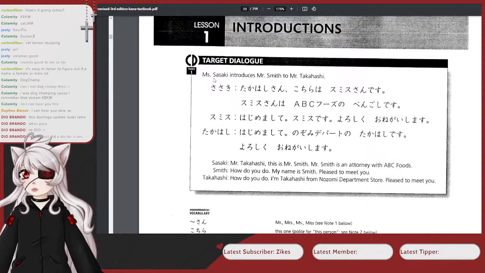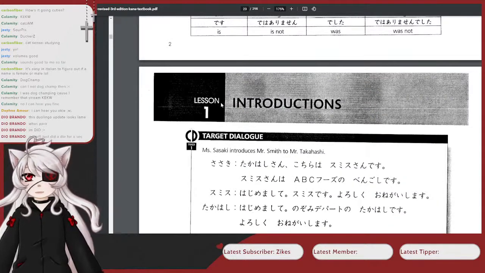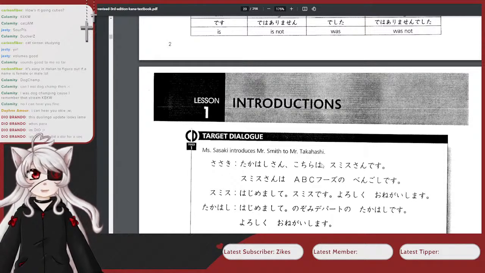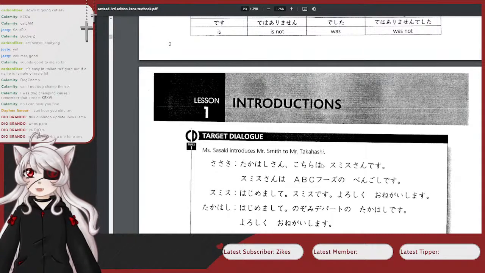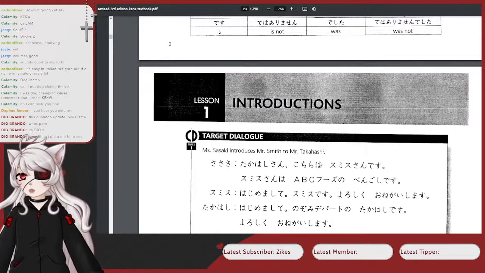So, Mr. Sasaki introduces Mr. Smith to Mr. Takahashi. Let's get rid of the translation real quick. So Sasaki-san says, Takahashi-san, getting his attention. Kochira wa Sumitsu-san desu. I believe kochira is like here is, I present to you.